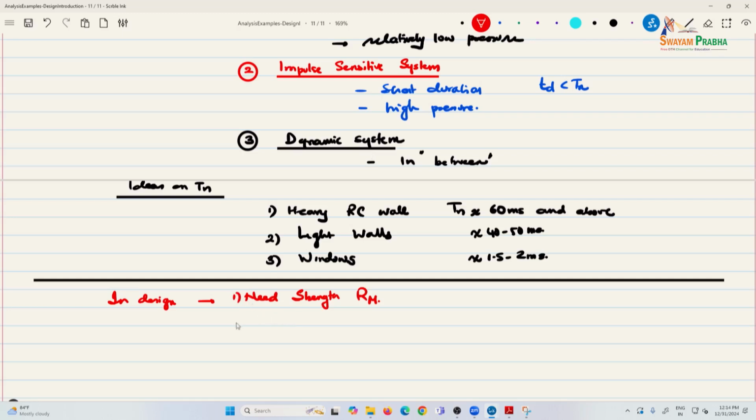Then from Rm we design per the material used, whether it is concrete, steel, masonry, pre-stressed concrete, and so on and so forth.